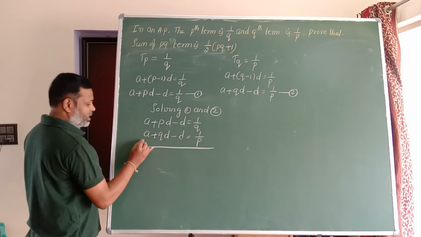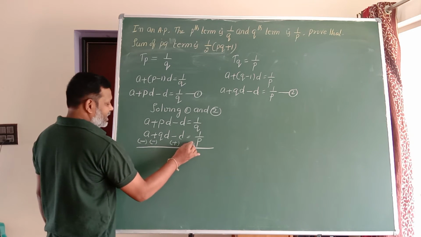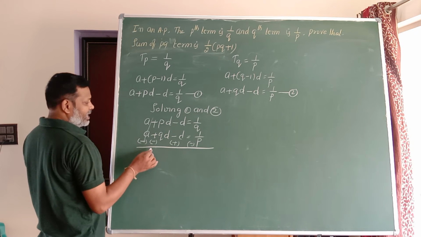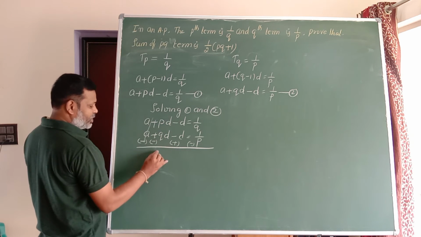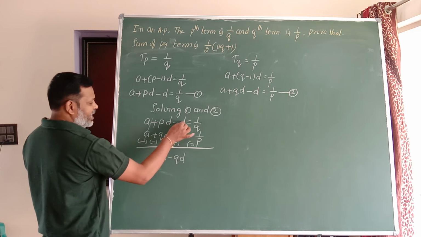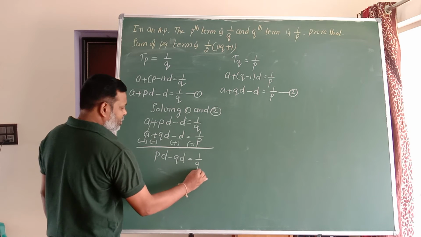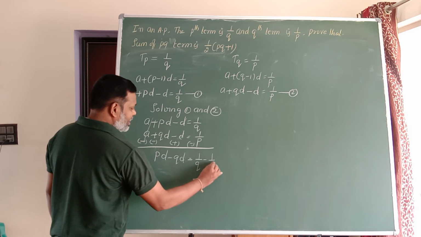Subtract these two as usual. Minus, minus, this becomes plus and this becomes minus. The a's get cancelled. We get pd minus qd, and minus d plus d get cancelled. That you will get 1 by q minus 1 by p.